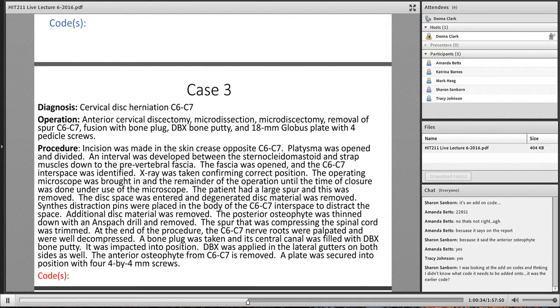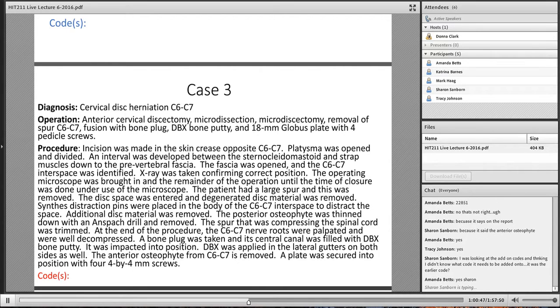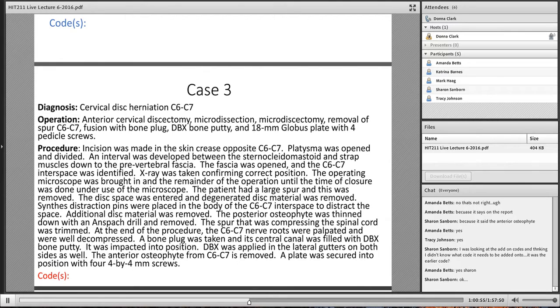Remember, that was a part of this. If a fusion was performed, how many interspaces were fused? Because you remember in that notation, it asked us, was it on the same level, right? So we need to know that, because that will make a difference in our code. We also needed to know about the instrumentation. Did we use any instrumentation in the spinal decompression procedure?